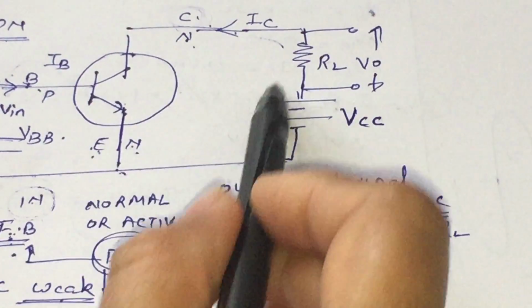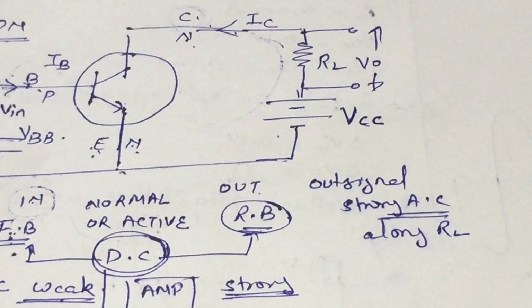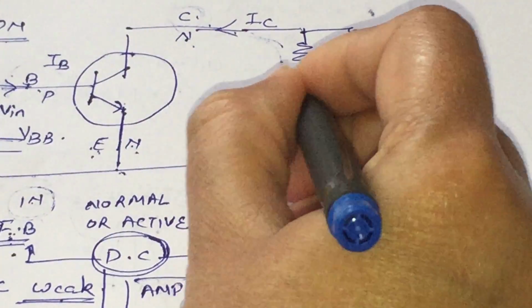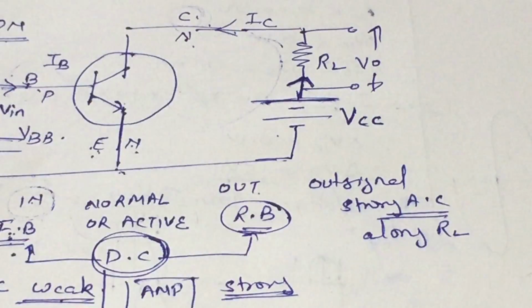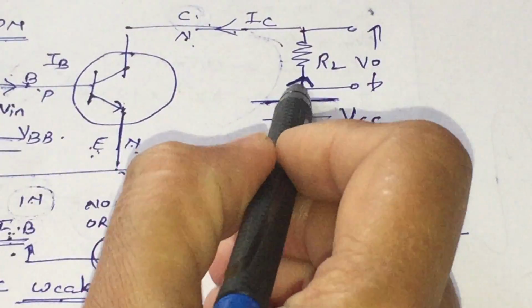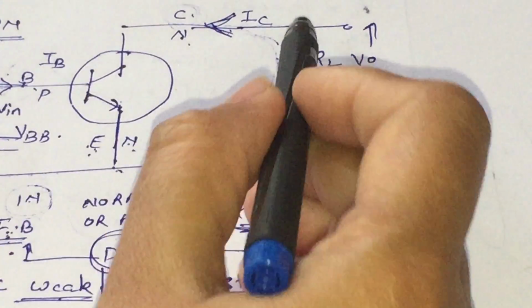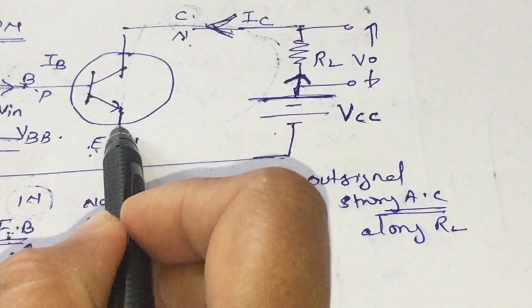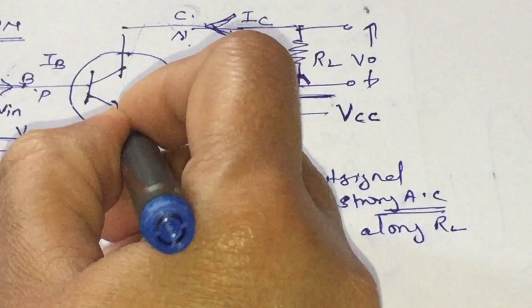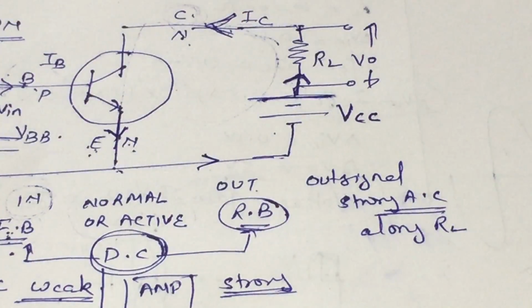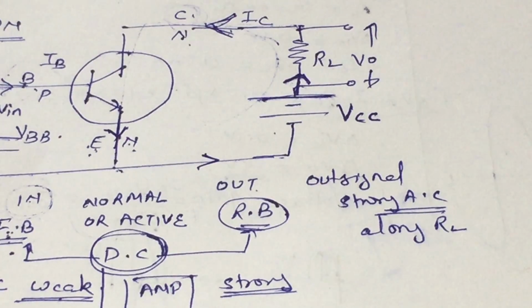In this loop, if we apply Kirchhoff's loop rule, this is our positive terminal, and from this positive terminal let us consider the current is moving, and in the same direction the collector current is moving. If we move along this path, the emitter current is also moving in the anti-clockwise direction, and hence the loop is completed.